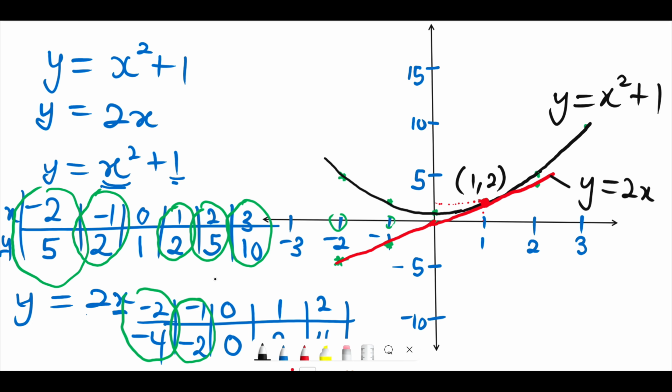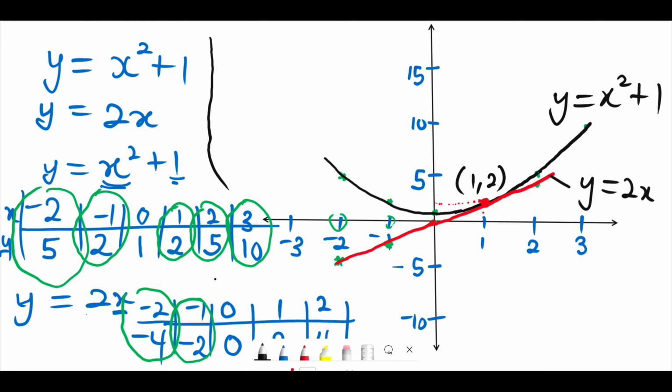So let us look at how best we can get their point of intersection without plotting any point. If you want to know their point of intersection, you just solve these two equations simultaneously. Let us look at it carefully.